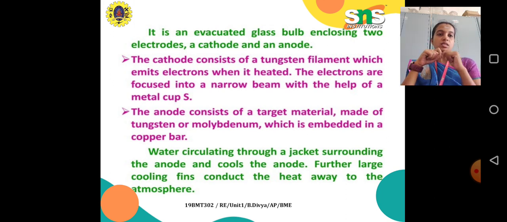Water is circulated through a jacket surrounding the anode and cools it. Further, large cooling fins conduct the heat away to the atmosphere.